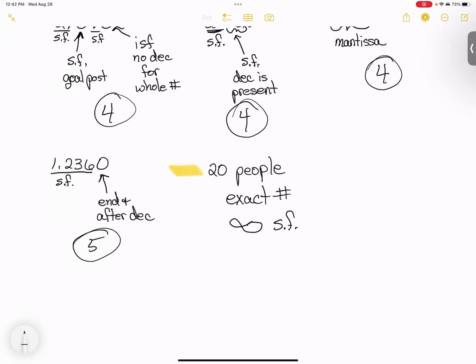That's what we're going to deal with on Friday, which is getting into calculations with significant digits, which is the hardest part of significant digits. So I'm going to let you go and let you practice, and then we'll deal with calculations on Friday. A little bit early. It's up to you if you do any.